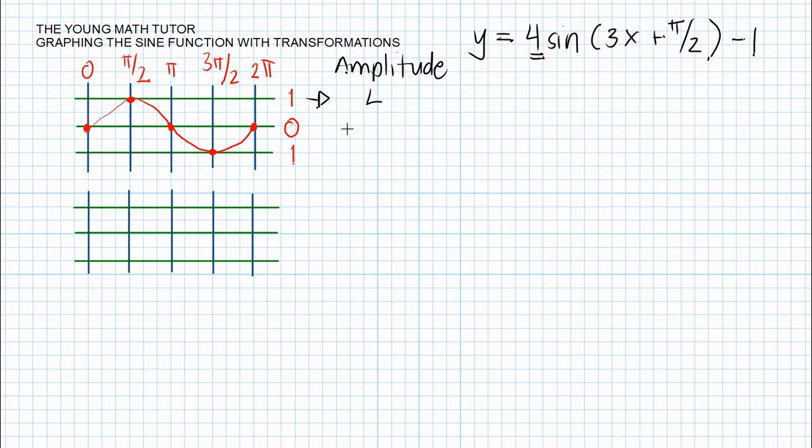So that means that we can multiply 1 by 4, so that's 4, and then 0 by 4, which is 0, and then negative 1 by 4, which is negative 4 as well. Now that's the effect that the amplitude gave to our function.